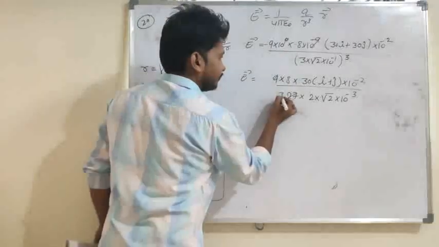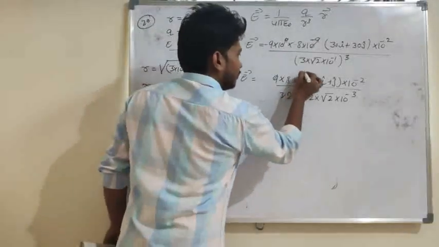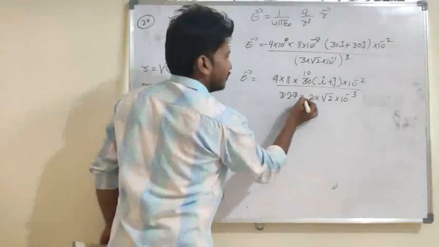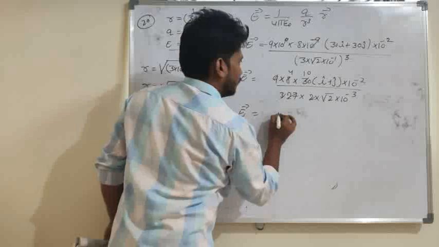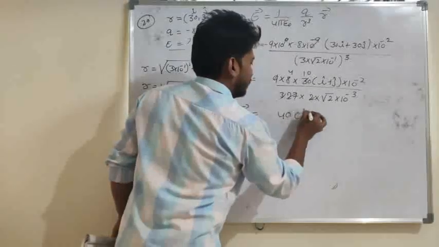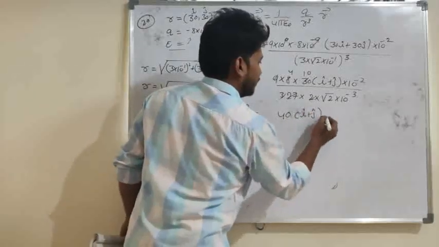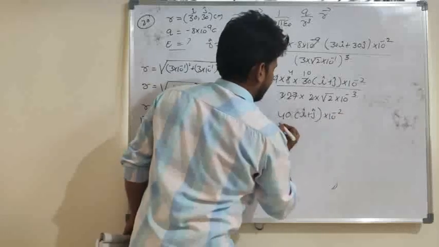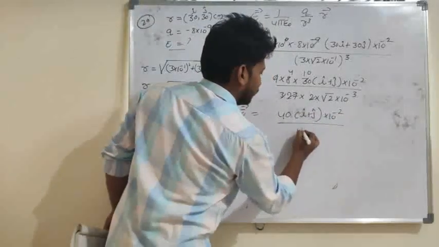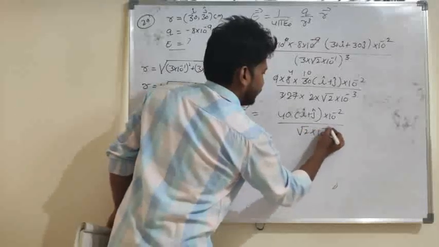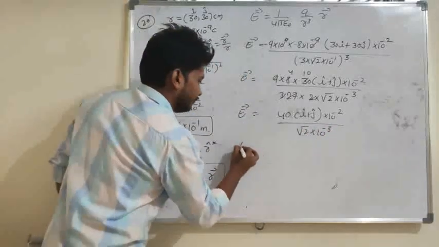9 ones are 3 is 10 here. So okay, E is equal to 40 i cap plus j cap into 10 to the power of minus 2 whole divided by root 2 into 10 to the power of minus 3 here.